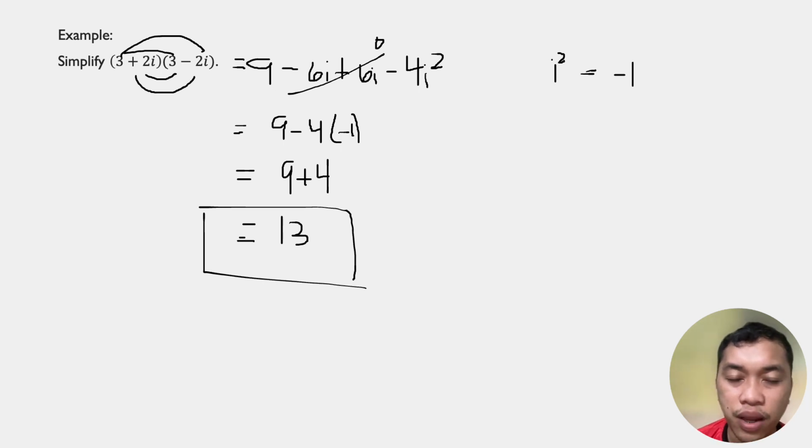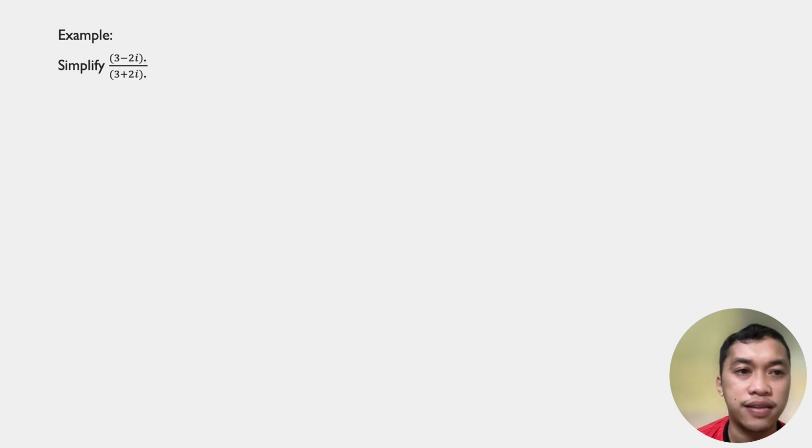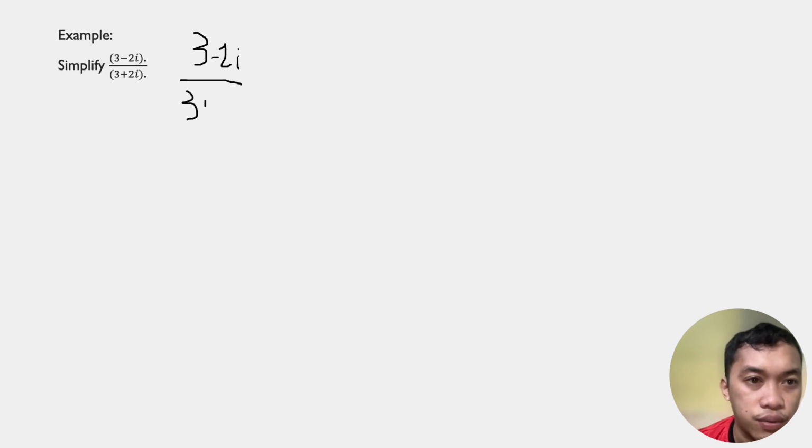Alright, let's go with our last example. It's the division of complex numbers. Just like with radicals, if the denominator is a complex number, then we need to rationalize. Okay, make it rational. Let's copy: 3 minus 2i divided by 3 plus 2i.